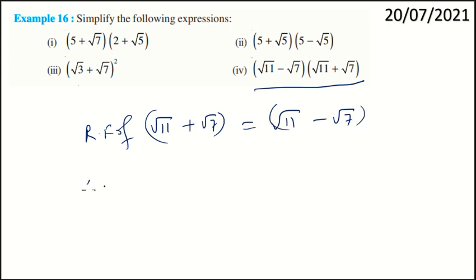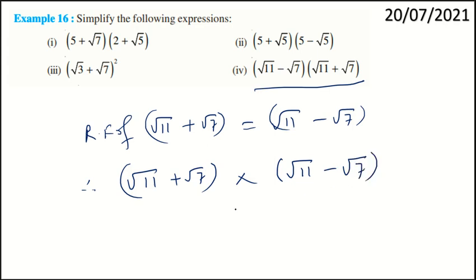Because when root 11 plus root 7 is multiplied by this rationalizing factor, it gives you 11 minus 7, that is 4, which is a rational number. So children, the rationalizing factor of root 11 plus root 7 is root 11 minus root 7 and vice versa.